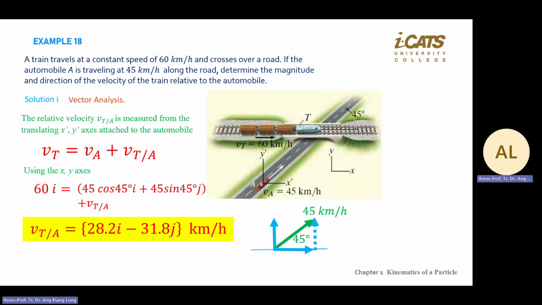So you write VT stroke A equal, then you simplify the equation. You put together 45 cos 45, cos 45, you press calculator. Then you move from the left, right to left is minus. Then you get the i. Cos 45, sine 45, 31.8.